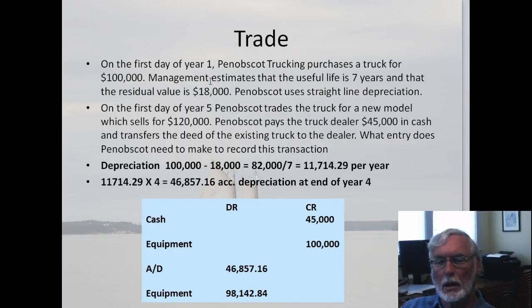Well, the problem that accountants have with recording a gain here is, what's the $120,000? Is that the sticker price? Is it a price the dealer invented? Whatever, we purchased it for $45,000 in cash, and a truck that we had valued at 100,000 minus 46,000.